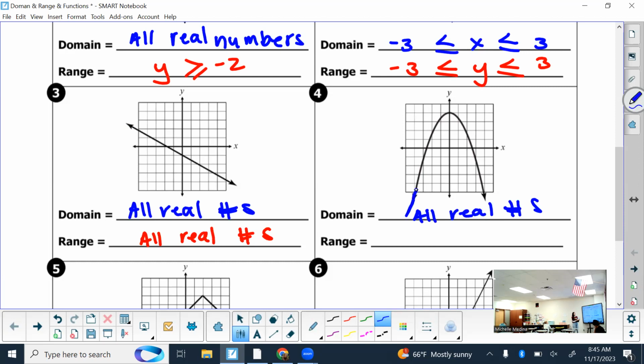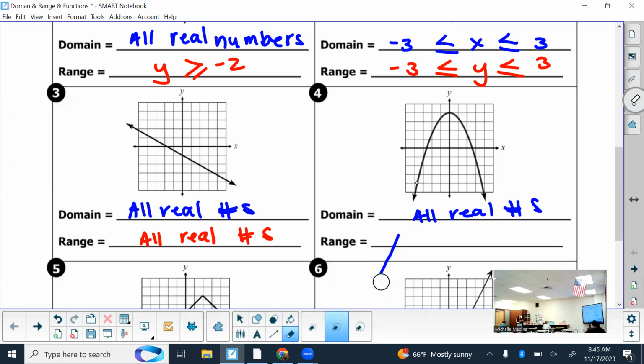As it continues to get wider, will it eventually touch all the x's on the left? It has the little arrows on the end, so it's infinitely going, and it's getting wider each time. So that means, yes, it will eventually touch all the x's. So it is all real numbers for the domain. That is true.